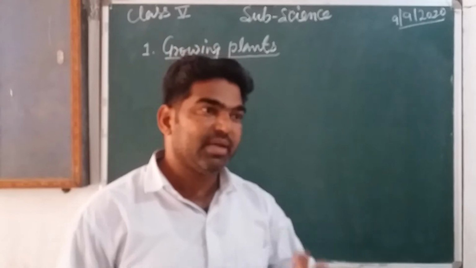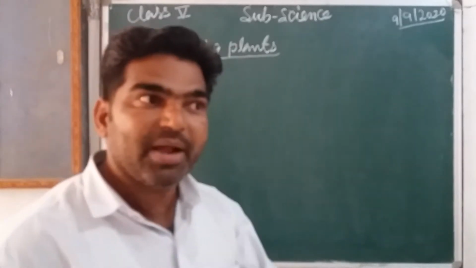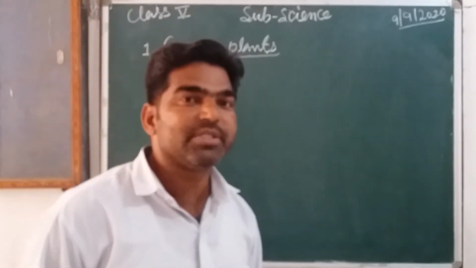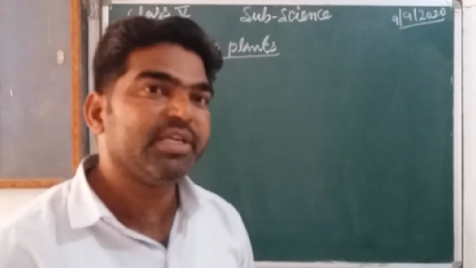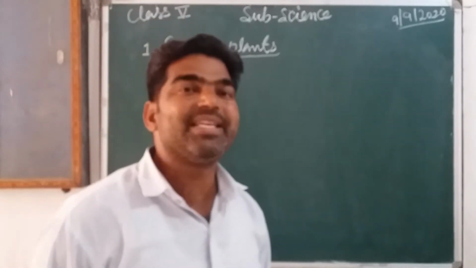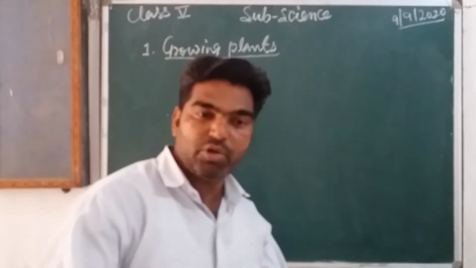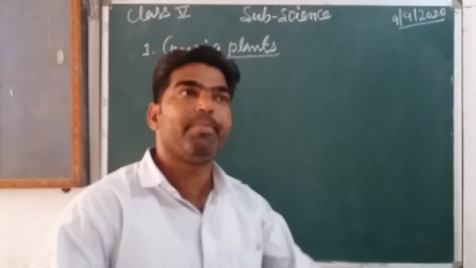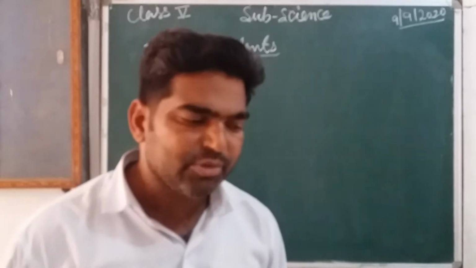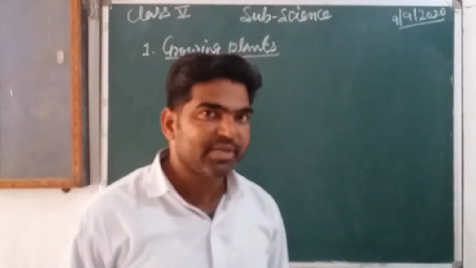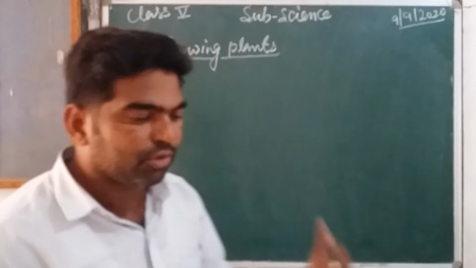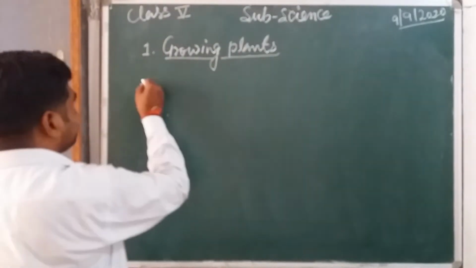First thing, how is the plant important? Plants are important for us because they provide water and fulfill our basic need of food, and they are also useful in our daily life for making many things. Now first we are discussing growing plants from the seed.